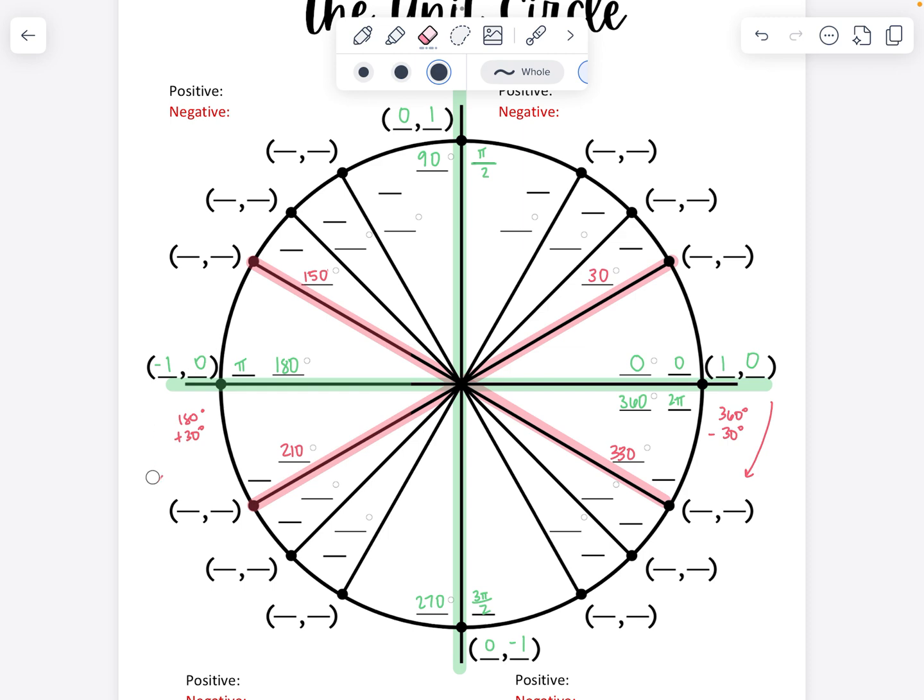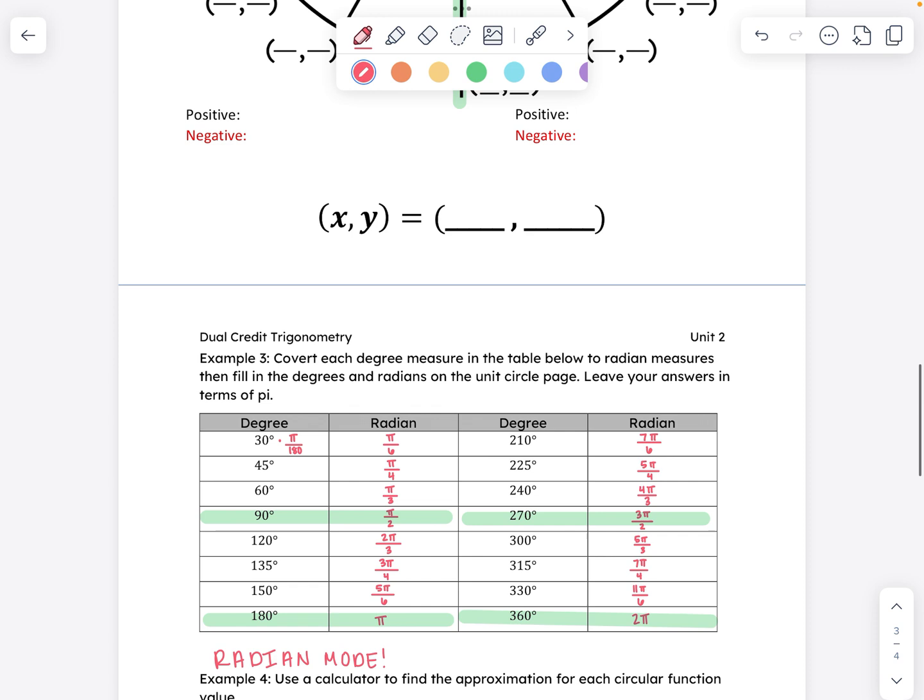But like we talked about in 3.1, degrees are not the only way to measure an angle. So in that table, I can use my 30 degrees, my 150 degrees, my 210 degrees, and my 330 degrees in the conversions to radians that we did back in our 3.1 notes.